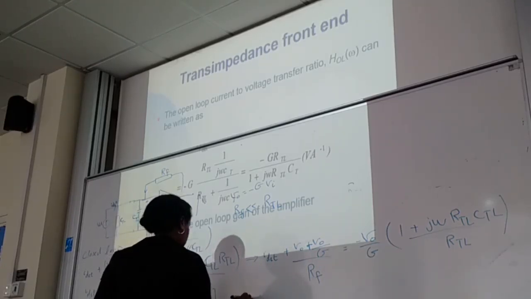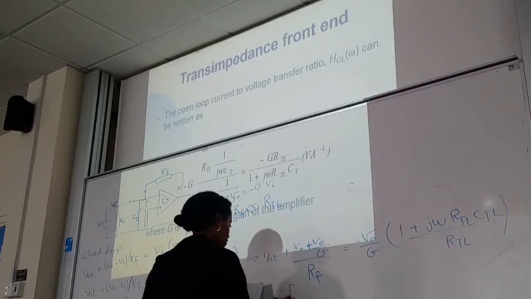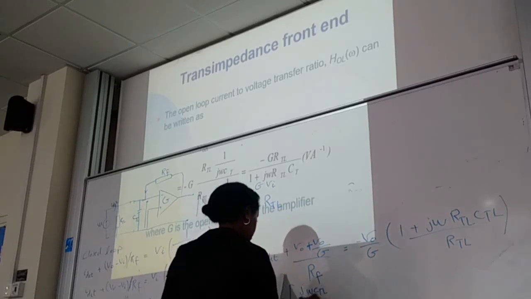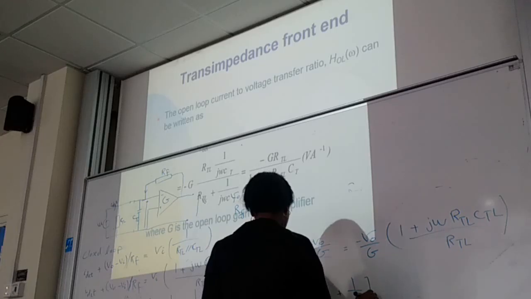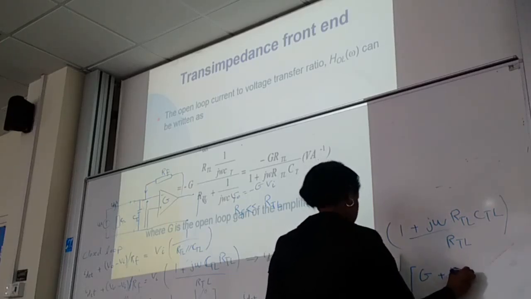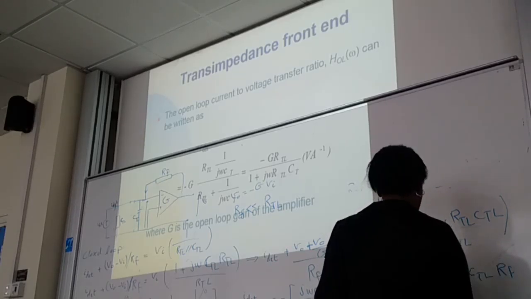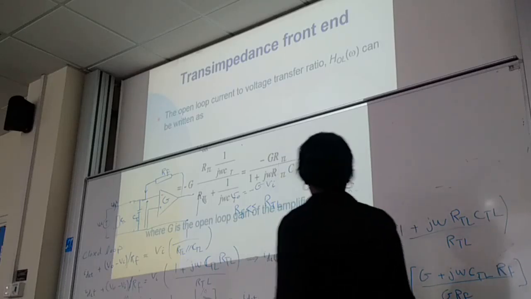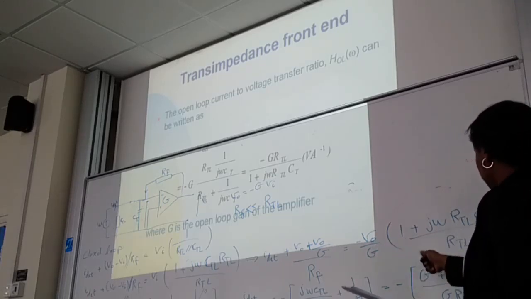So we'll end up with this. I DT over VO is equal to this. You just rearrange things, minus this.